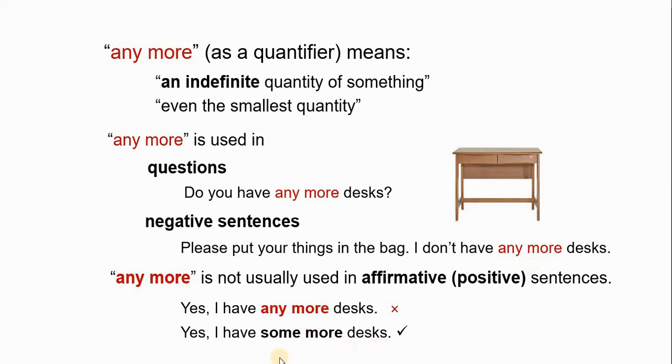And in negative and questions, we use any more desks. Alright? So this is wrong. And when it's positive, we have to use some. Yes, I have some more desks, and this is correct.